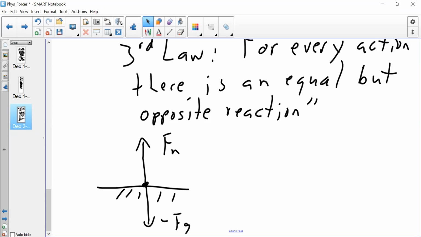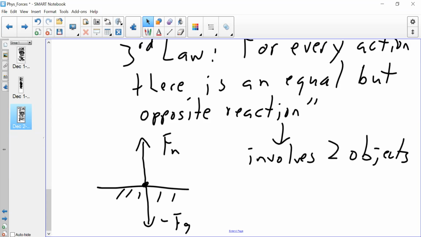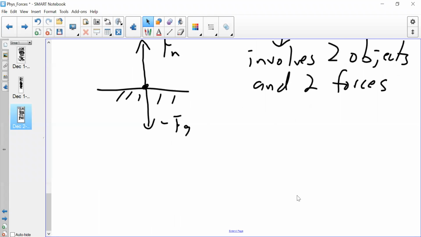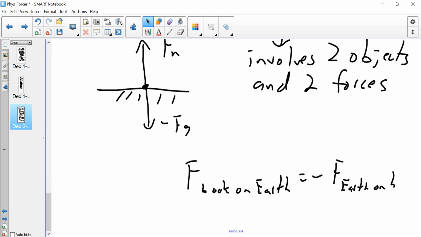So also on Newton's third law, it involves two objects and two forces. If we're talking about this scenario here, let's say, in terms of the FG here, the force of the book on the earth is going to be equal and opposite to the force of the earth on the book.